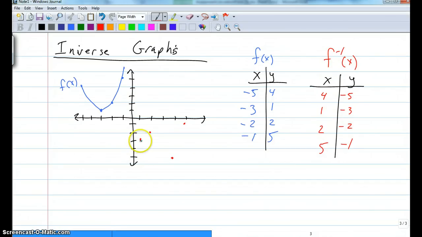Okay, so because my graph is not the best, this graph actually looks something like that, the inverse of f of x.